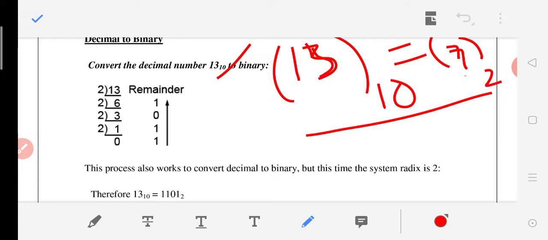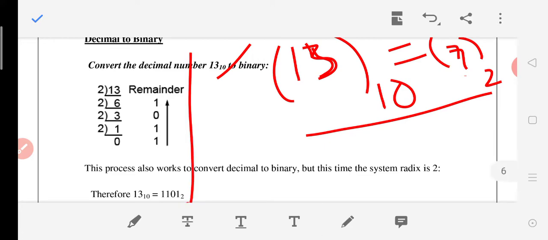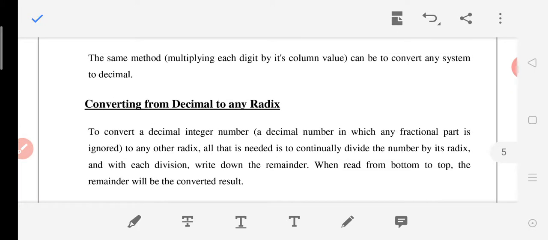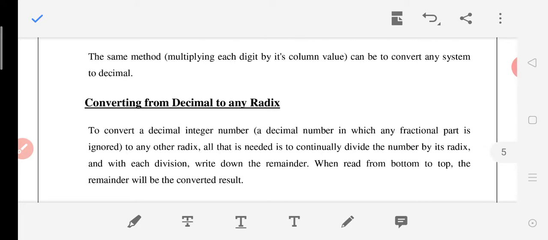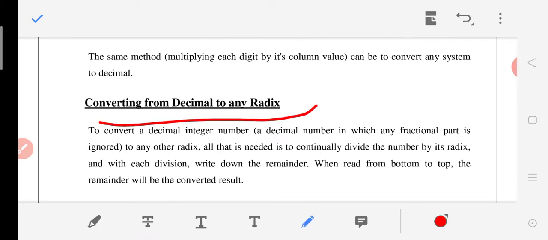For any equivalent from decimal, you just keep it in mind. Again I repeat: now we discuss converting from decimal to any other radix.